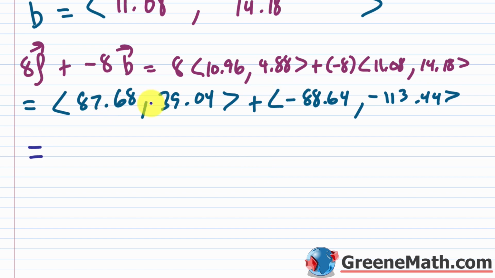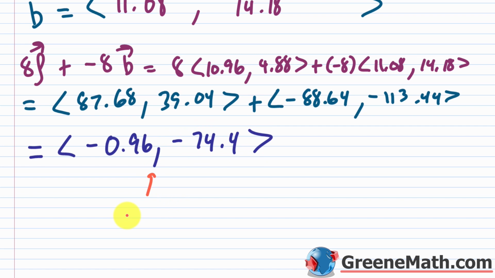We're just going to add these horizontal components. So 87.68 plus negative 88.64, that's going to give me negative 0.96. Then we're going to add these vertical components. So 39.04 plus negative 113.44, that's going to give me negative 74.4. Now, if you're on the practice test, again, because of rounding, the answer is slightly different.